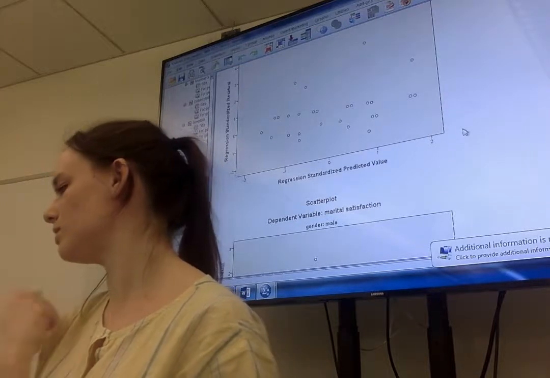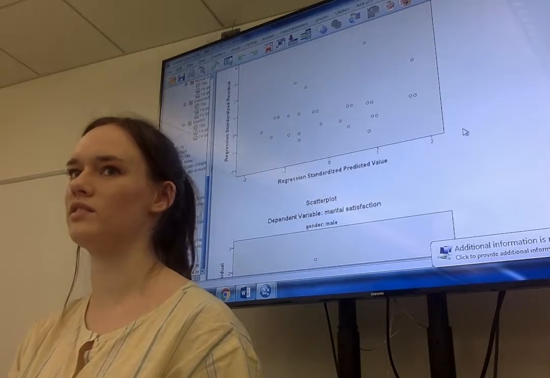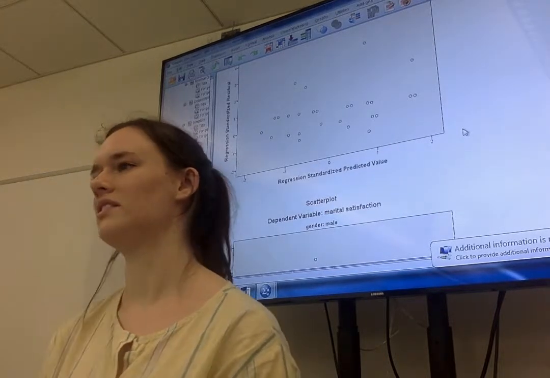I think it's easier to look at linearity in the scatter plot versus this residual plot, but that's just me.